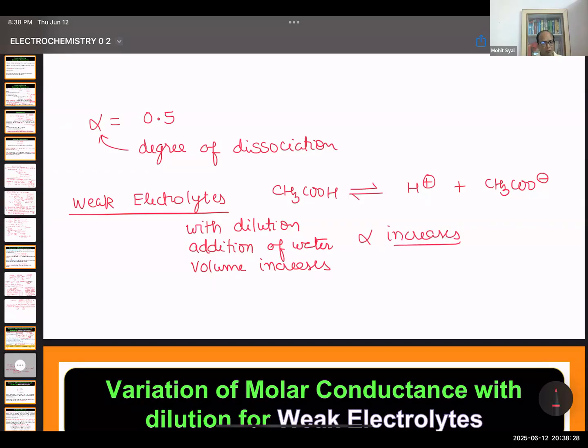So you have put 1 mole, but that 1 mole has not completely dissociated. As you are putting more and more water, the degree of dissociation is increasing, alpha is increasing, and more ions are being generated.